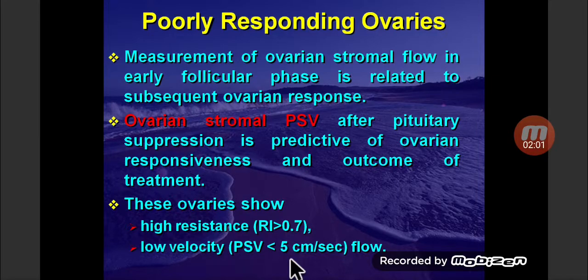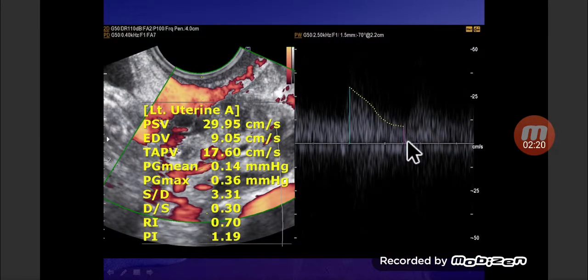Why? For the same sort of pattern, I'm getting a much better response in one patient and not in the other. This is because your color Doppler is helping in deciding which of these is a poorly responding ovary. Resistive index of almost 0.70, you're looking at less diastolic flow.